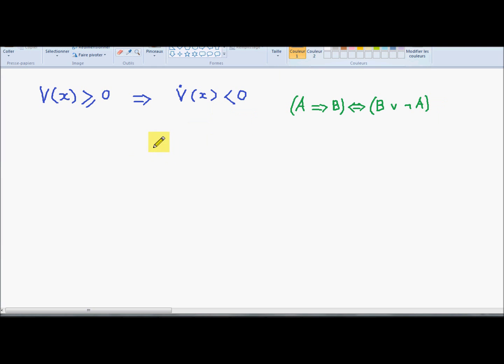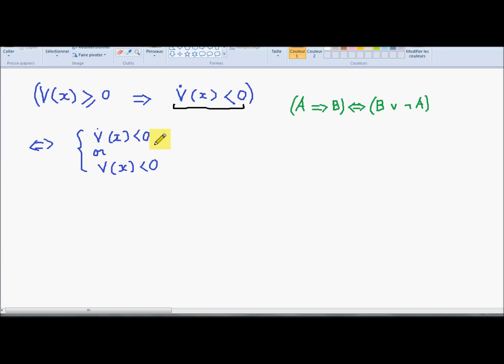So now, due to this, I know that this is equivalent to say that V dot of X is negative, so this corresponds to that, or V of X is negative.